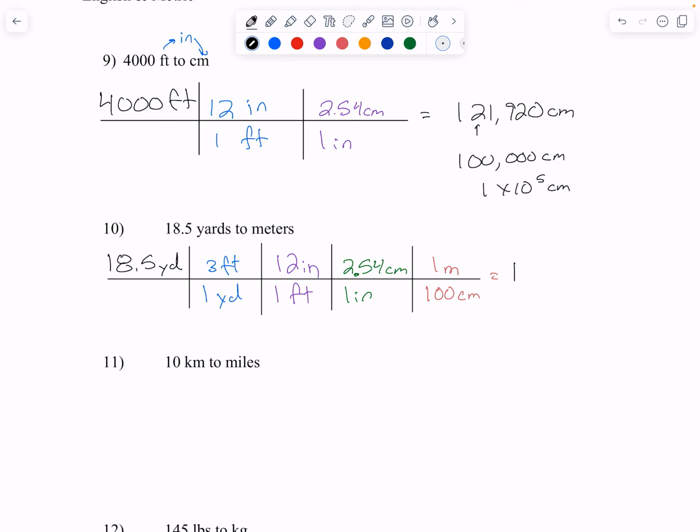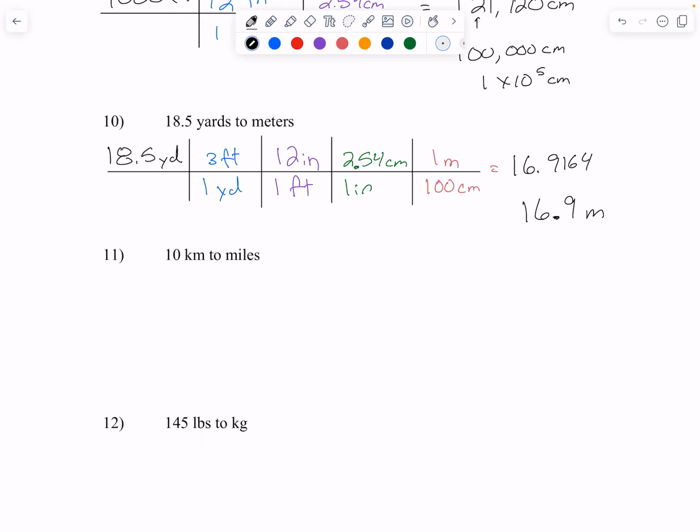So I get 16.9164. 3 sig figs, 16.9 meters. So 18.5 yards is almost 17 meters, but it's 16.9 meters. All right. If you think about that, 0.1 meters is decent enough, right? That's a good size. 10 centimeters.